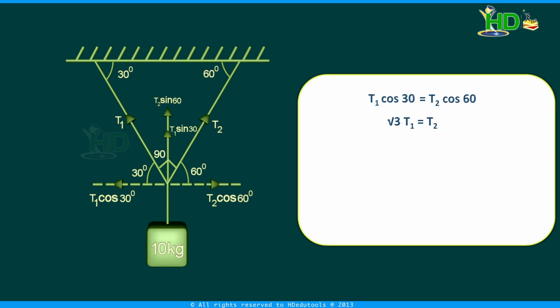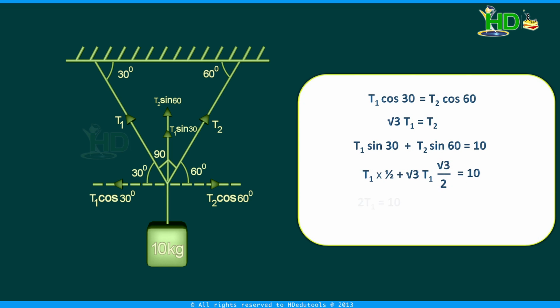At equilibrium, the forces in the upward direction are equal to the forces in the downward direction. The vertical forces are T1 sin 30 plus T2 sin 60. Now this is equal to the 10 kg weight. This is the downward force. T1 into 1 by 2, since sin 30 is 1 by 2, plus T2, which is root 3 T1, into root 3 by 2, that is sin 60. This is equal to 10.